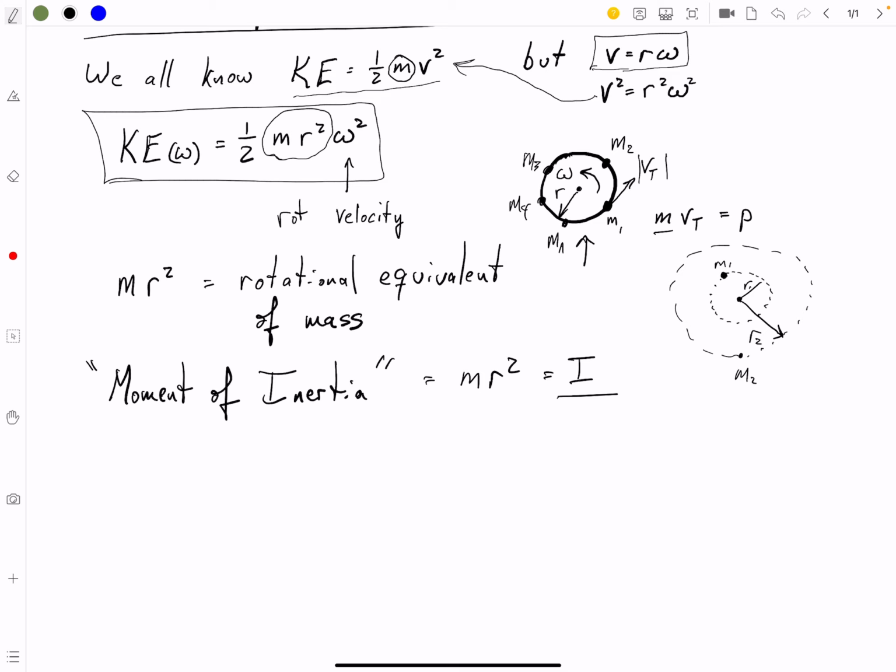But we have a question. We say, oh man, I really want to know how much kinetic energy all of that has. So I know that it's going to be 1/2 something. And if I add all of those things up together, from i equals 1 to n, let's say we've got n of them, then I can say m_i times r_i squared, all of that times omega squared.